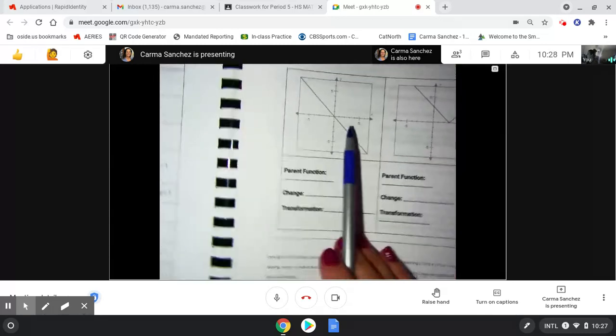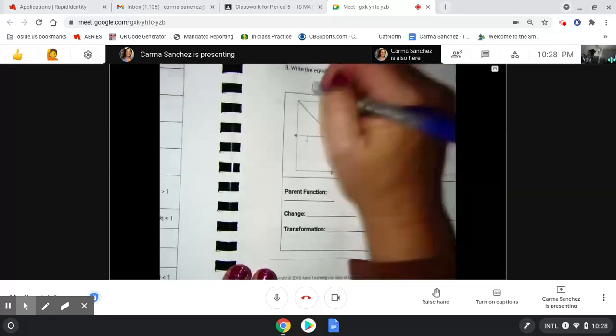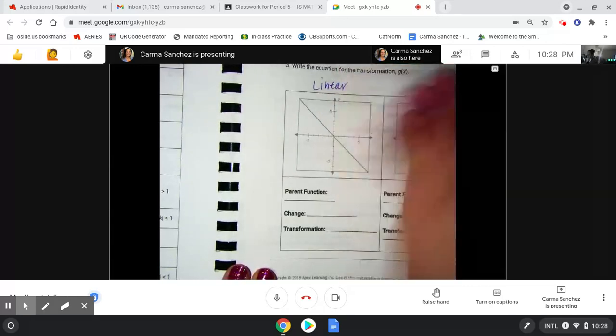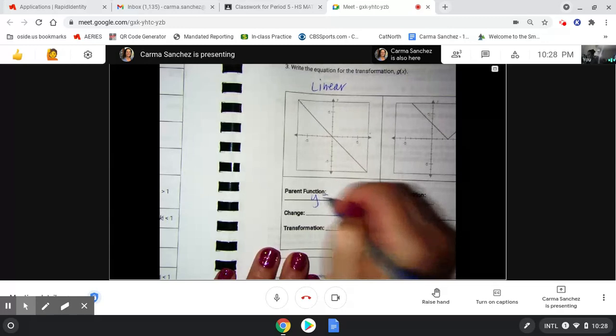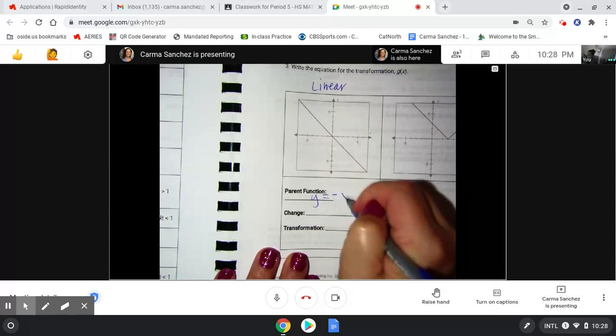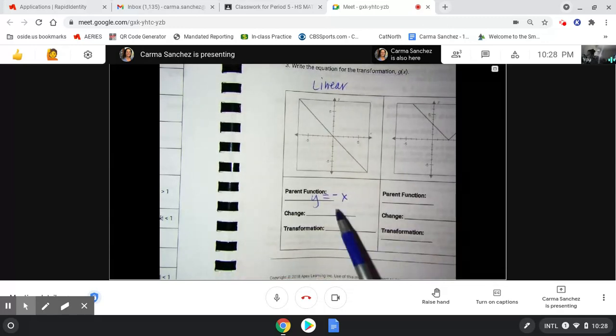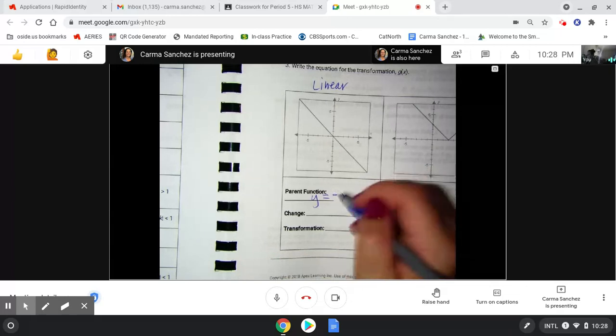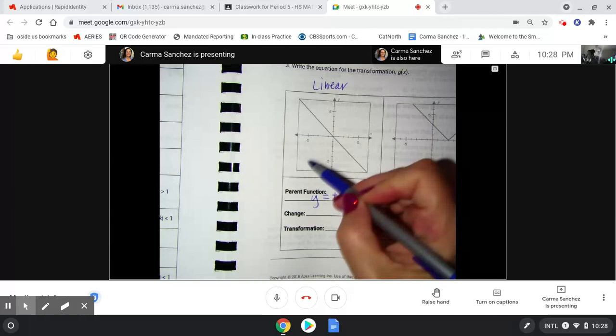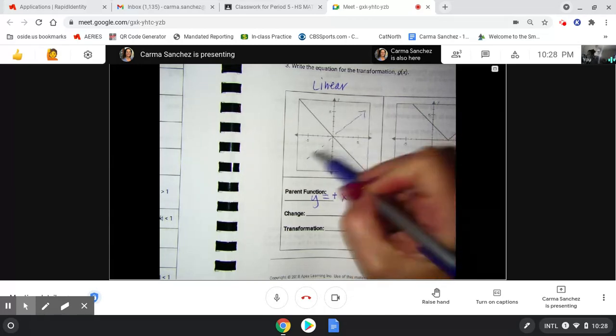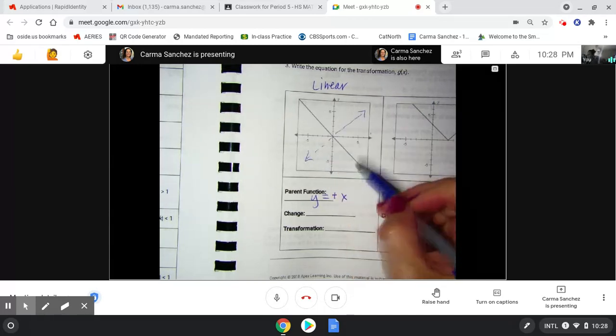So picture this linear equation. It's just a plain line. The parent function is just y equals x. And the change is that instead of it going in the positive x line, it's now a negative sloping line.